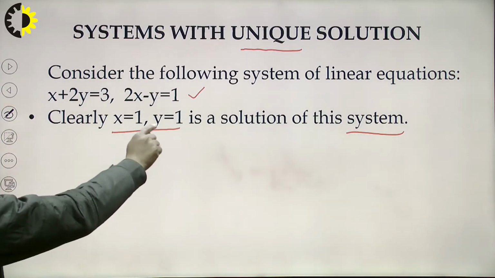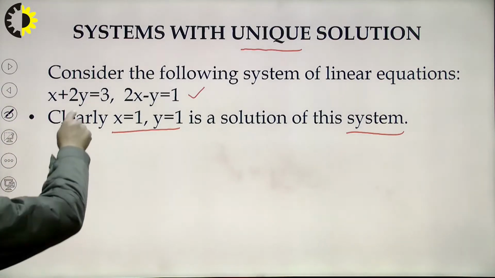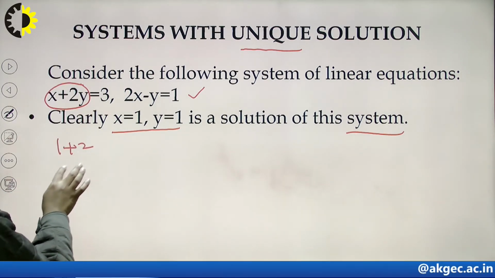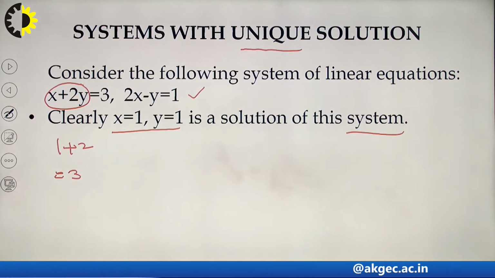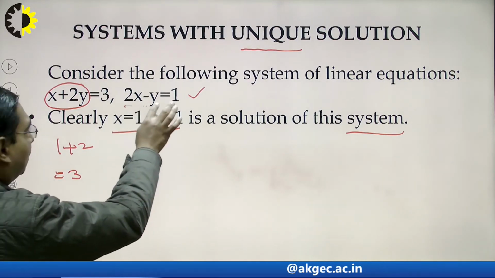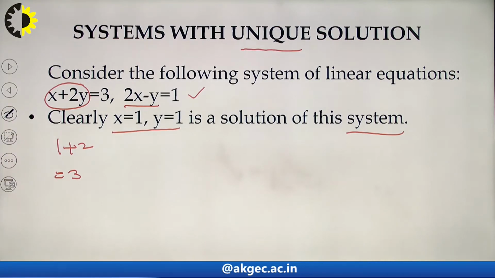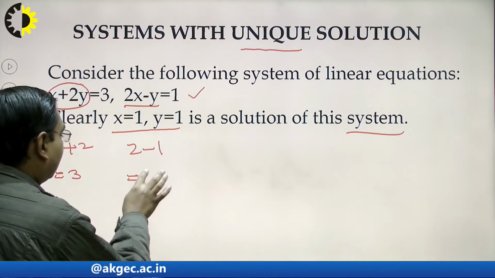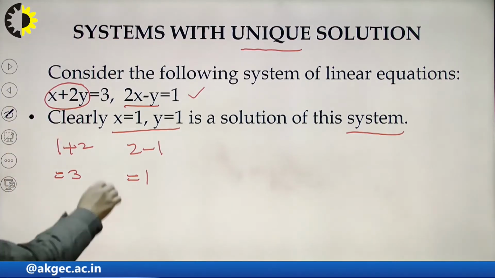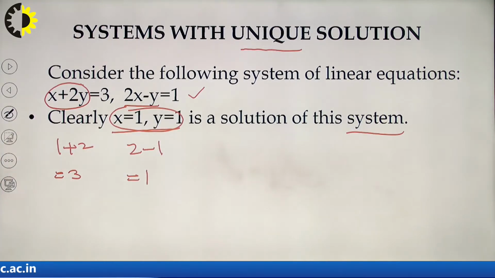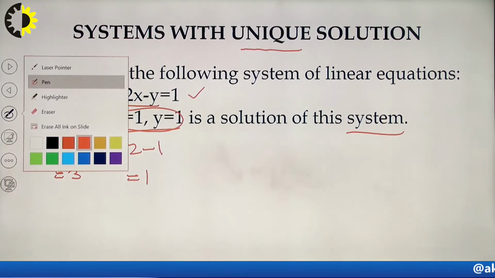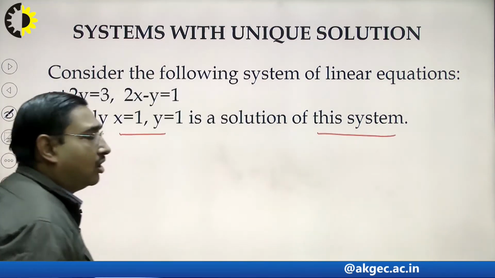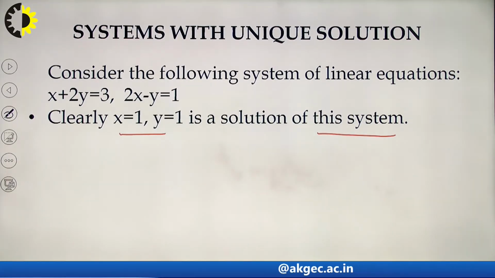If I substitute x equals 1, y equals 1, the left hand side of the first equation will be 1 plus 2, that is 3. If I substitute x equals 1, y equals 1 in the second equation, the left hand side will be 2 minus 1, that is 1. Thus, these values of x and y satisfy the given system, and therefore x equals 1, y equals 1 is a solution of this system of equations.